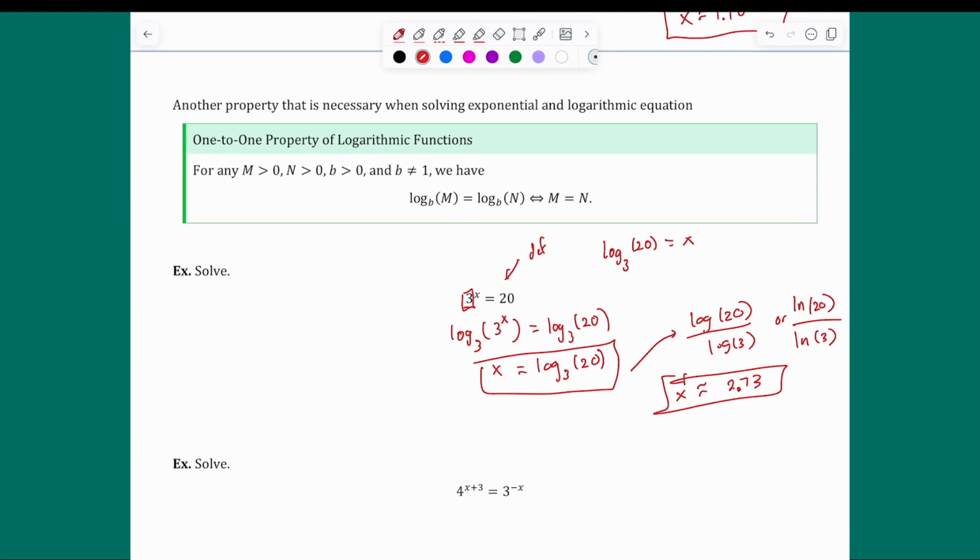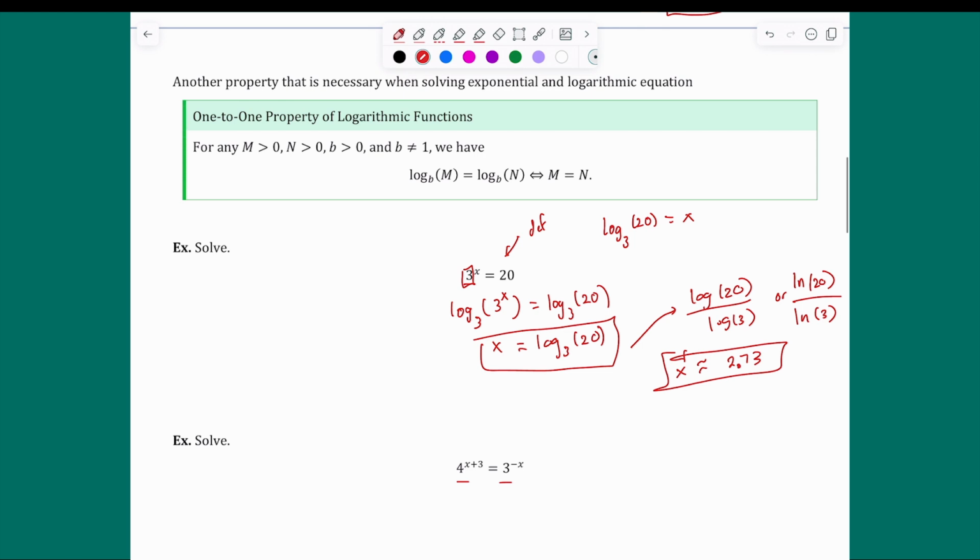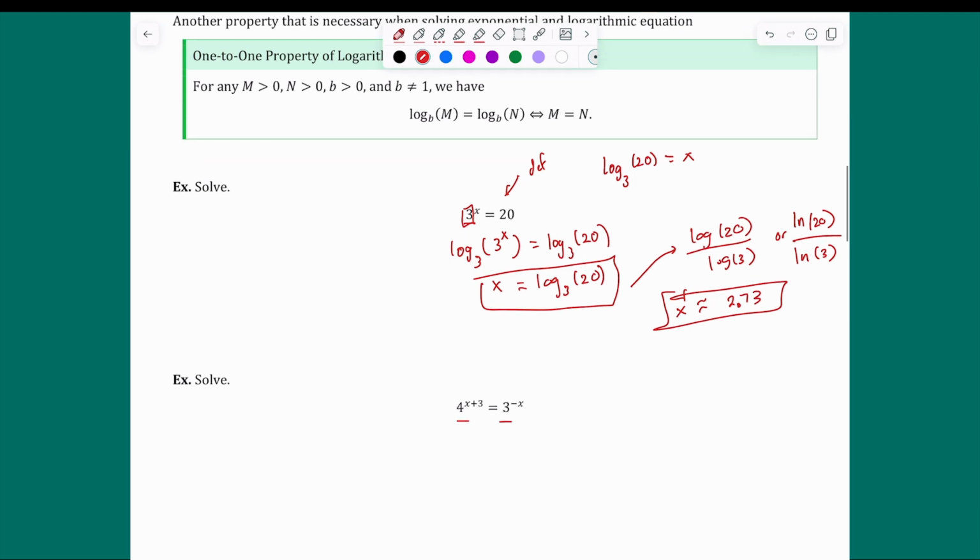Okay, so here we have 4 and 3. However, when we have equations like this where you don't have a common base, and we have variables in the exponents on each side, it's common to just take either natural log or log on both sides.